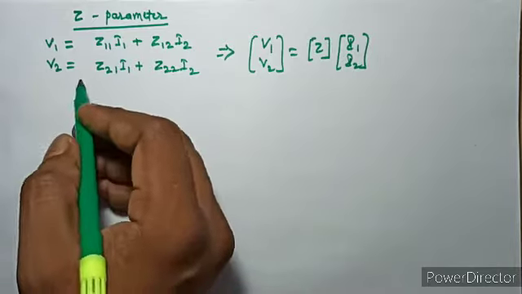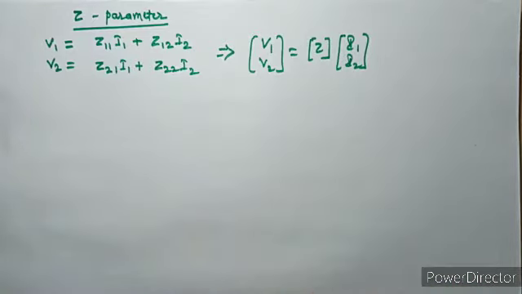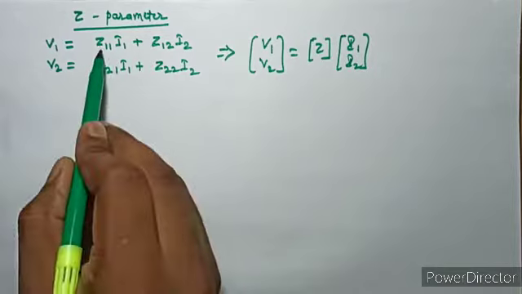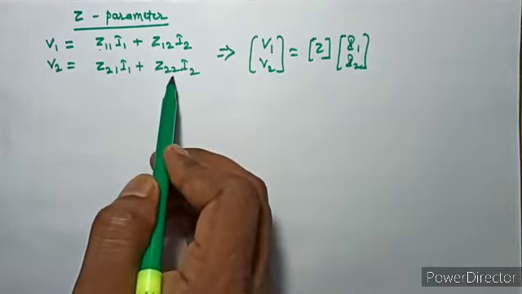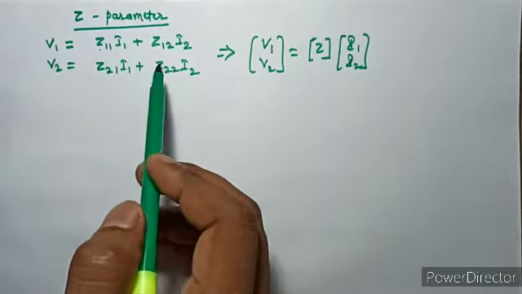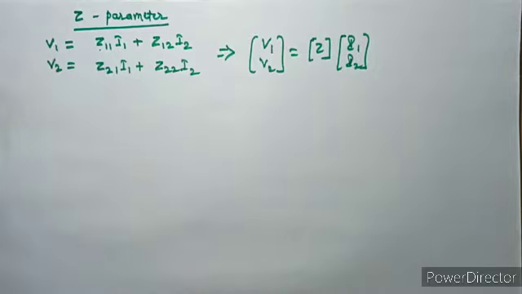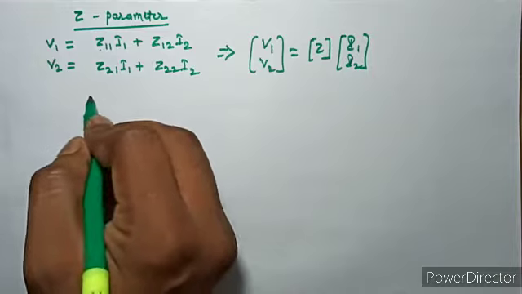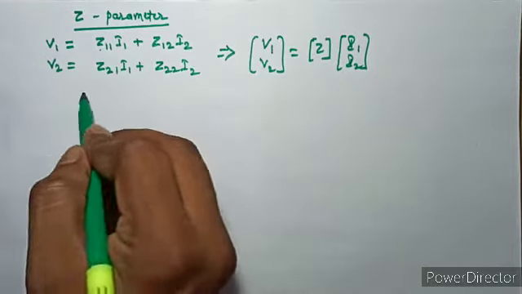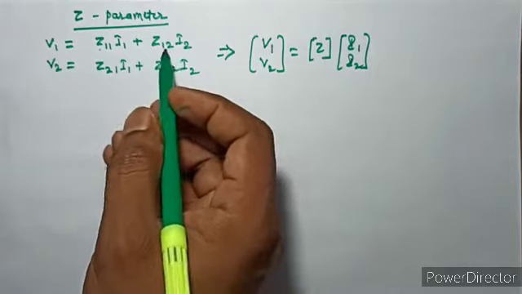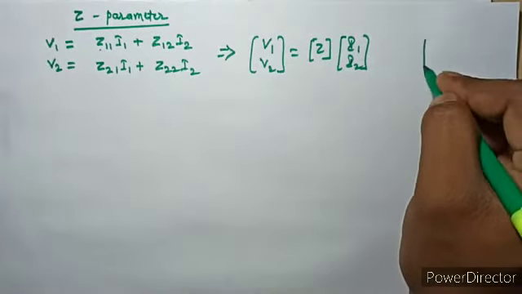So these four variables Z11, Z12, Z21, Z22 are the characteristic parameters of this representation, and we have to find these parameters. So let us draw a circle.